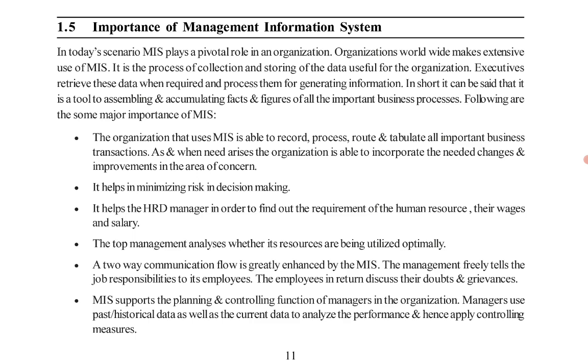It helps minimizing risks in decision making. MIS reports and data are used to minimize the risks in decision making, and it helps the HRD manager find the requirement of human resource, their wages and salaries, and the top management analyze whether its resources are being utilized optimally.